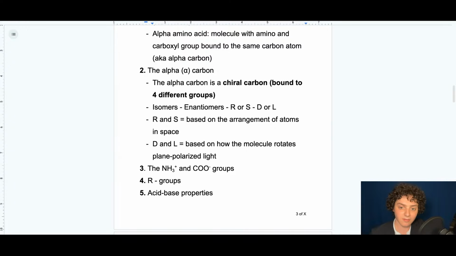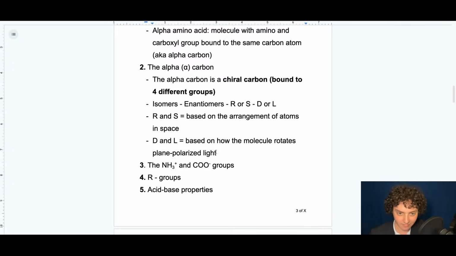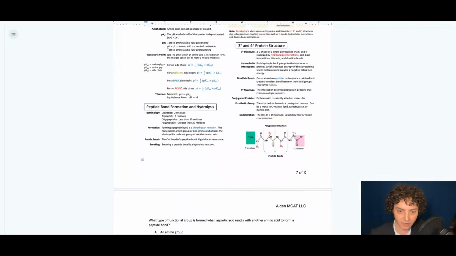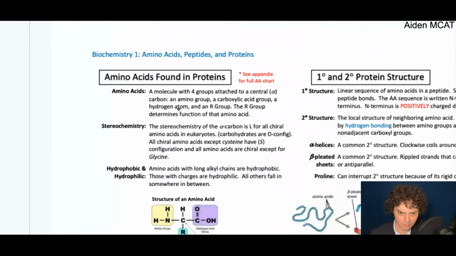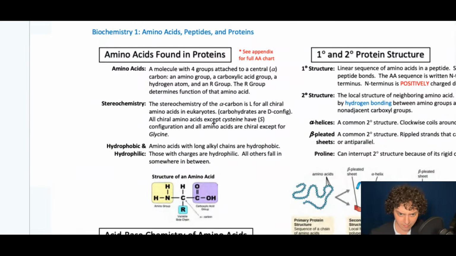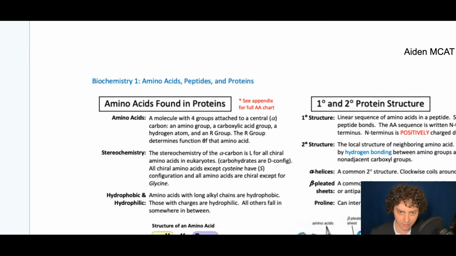So for amino acids, I'm going to double check with the Miles Down sheet that I mentioned before. For amino acids, each amino acid has an S configuration.